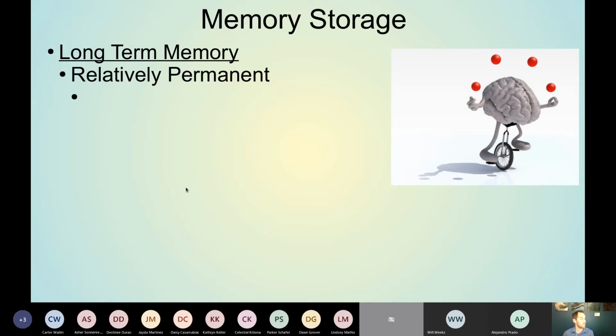So now let's jump to the last kind of memory storage thing, long-term memory. So we talked about sensory memory, so hopefully you remember that. That's what your senses are seeing and can store for a very short time. So we started with sensory, then we talked about short-term.